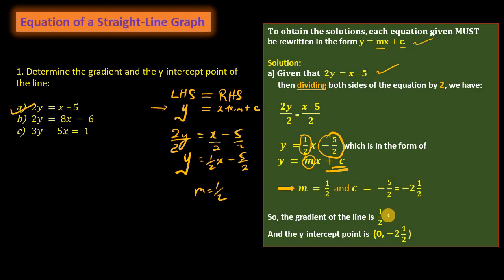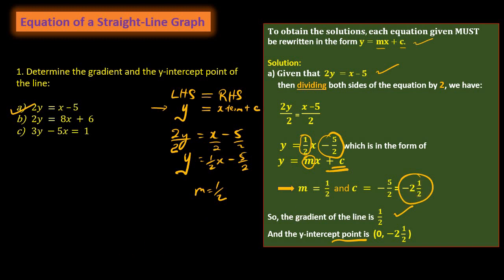So the gradient of the line is a half, and the y-intercept point starts with 0 for the x coordinate, and the y coordinate is that same c value of negative 2 and 1/2. Of course, negative 5 over 2 can be converted to negative 2.5. 2 goes into 5 twice, remainder 1 over 2.